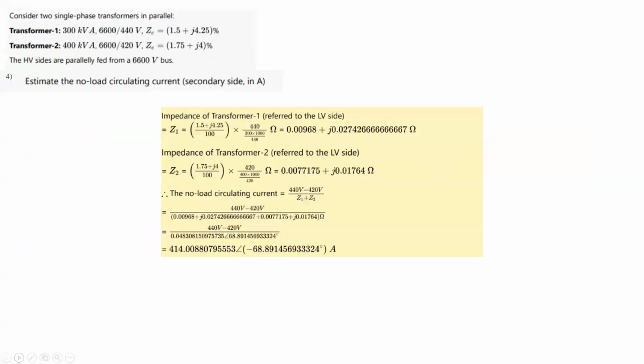Now let us go to the next question. In the next question, we have two single phase transformers which are connected in parallel. So this is like this.